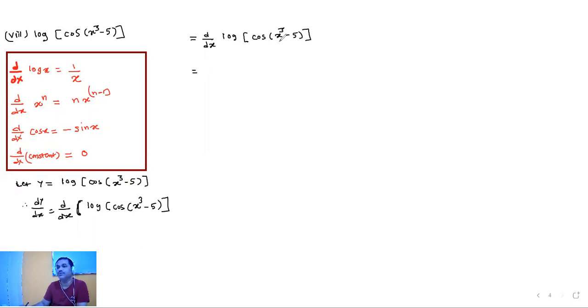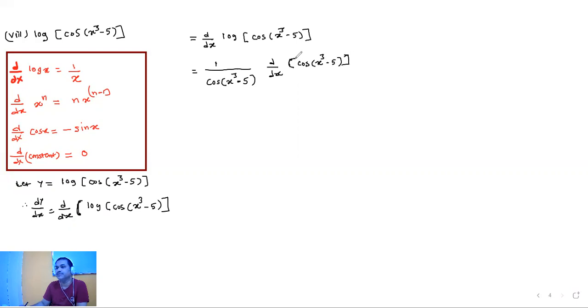So this is equal to log of cos of x cubed minus 5. The derivative of log of x is 1 by x, where this is f of x as a function of x. So this will first become 1 upon cos of x cubed minus 5, into d by dx of cos of x cubed minus 5.